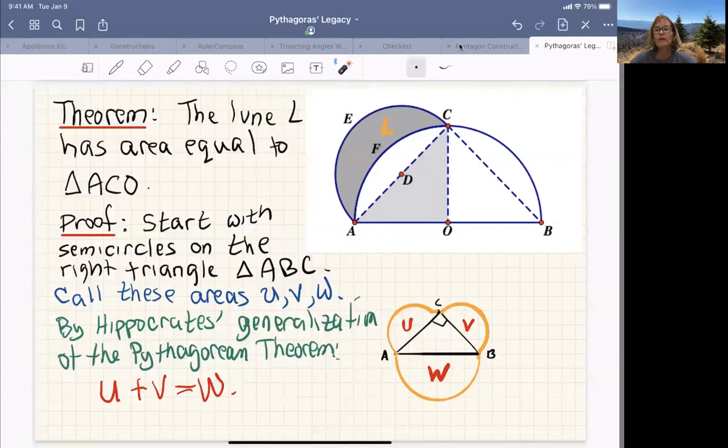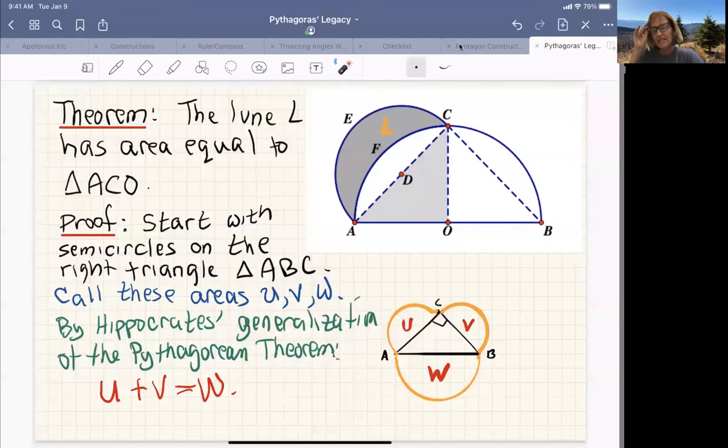Now at this point, we need to recall that Hippocrates had a generalization of the Pythagorean theorem. He said that you can draw any shape at all on the three sides of a right triangle, as long as the shapes are similar.